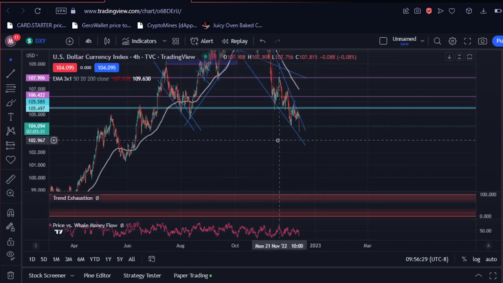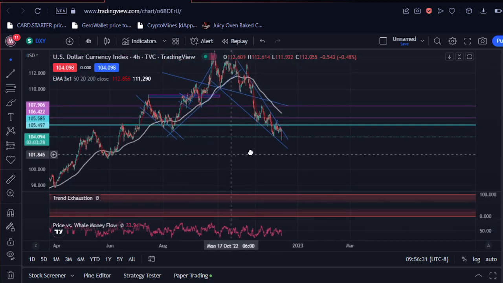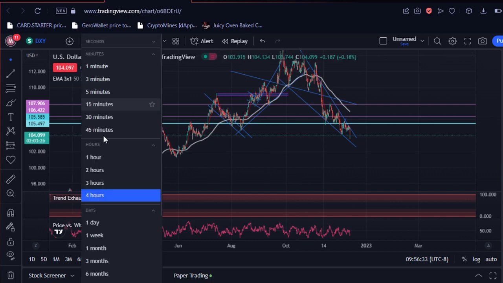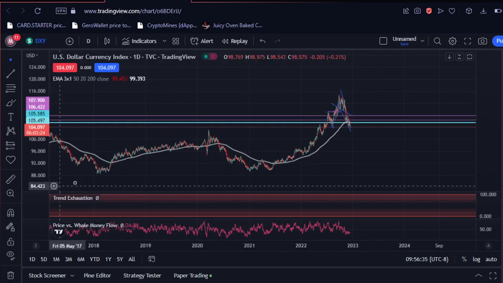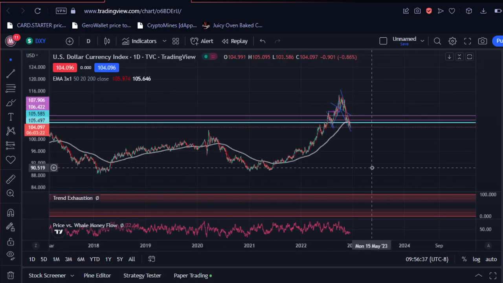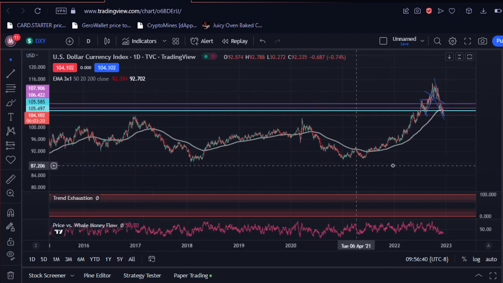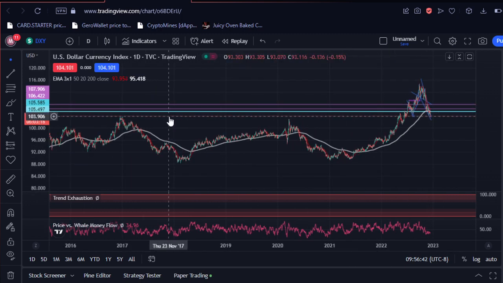If we look, this is a bullish pattern in a bigger picture bullish price action. As you can see, we're at the bottom of this huge trend line, which I just noticed.